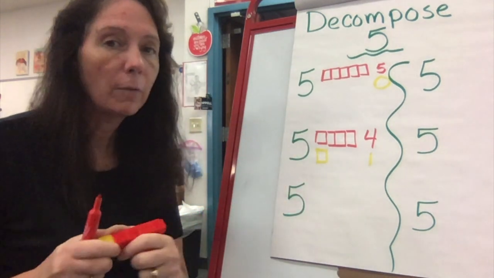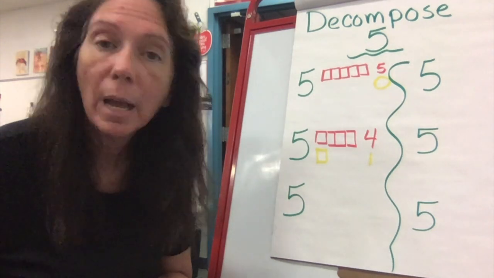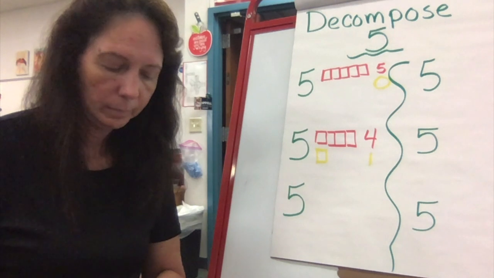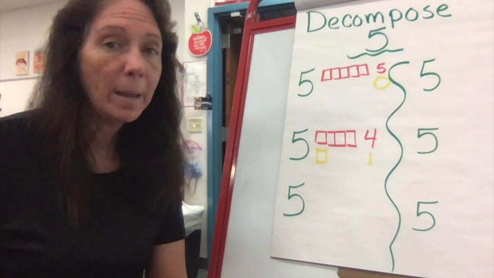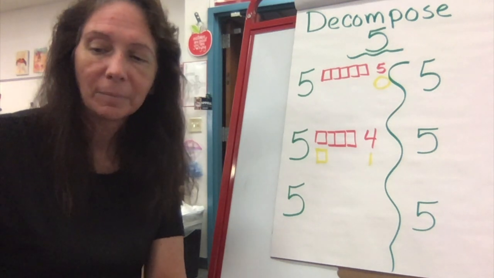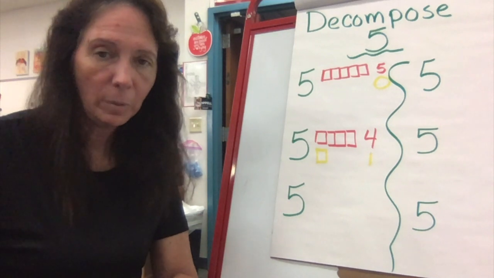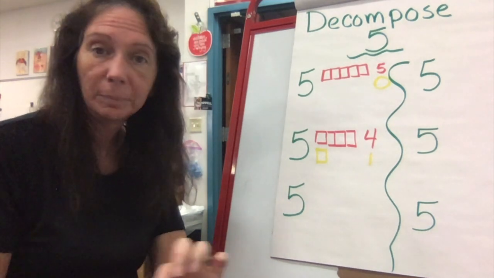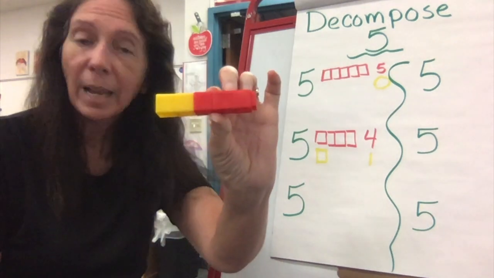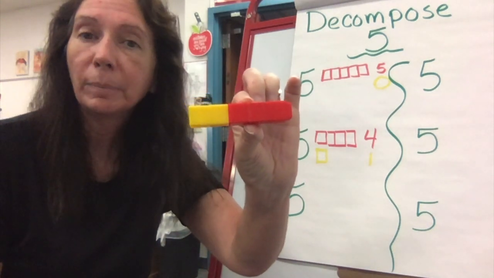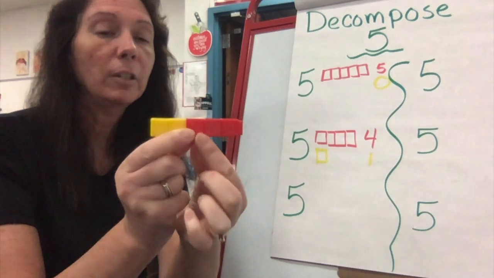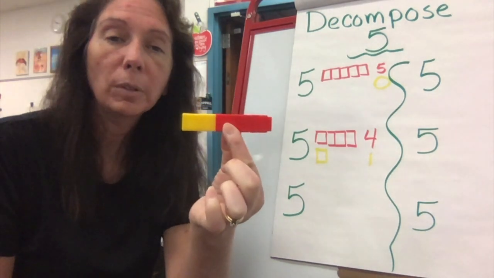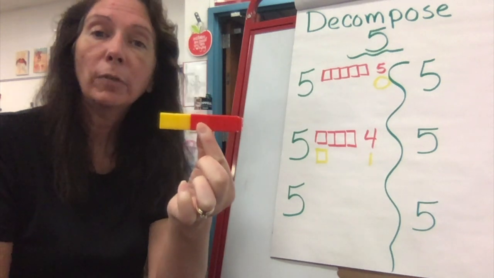If I look at the number 5, I can actually make it another way. Wait while the magic happens. Here we go. I can then take the number 5, and now it looks even a little bit different. I can see I still have 1, 2, 3, 4, 5 cubes, but it looks a little different now.